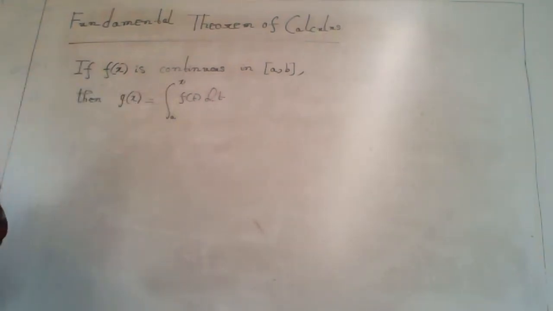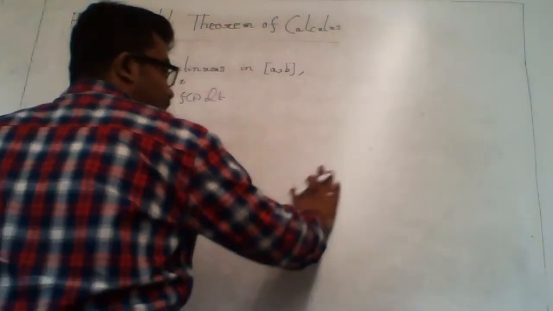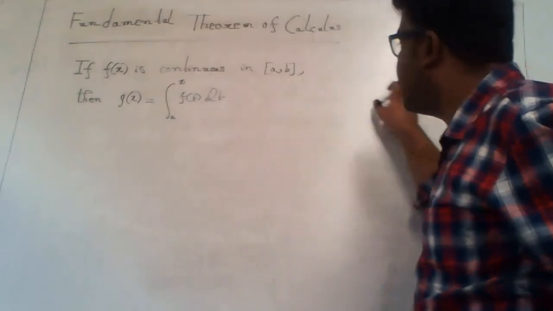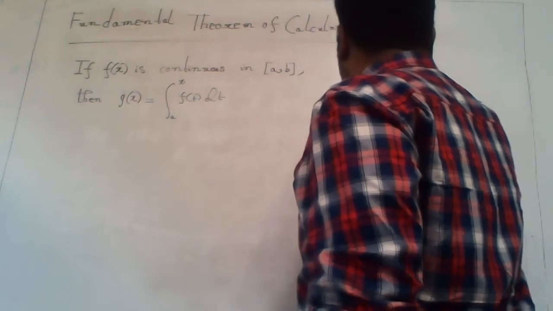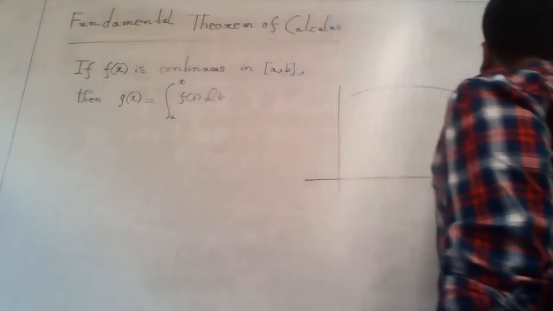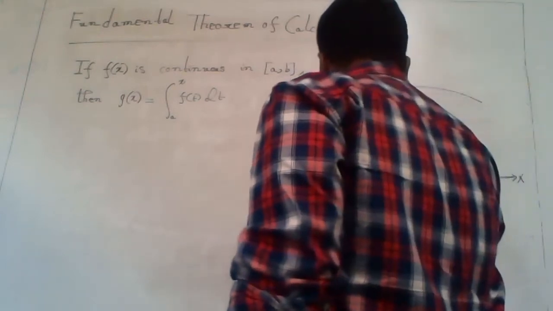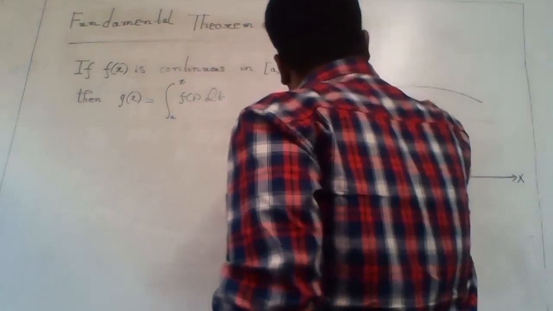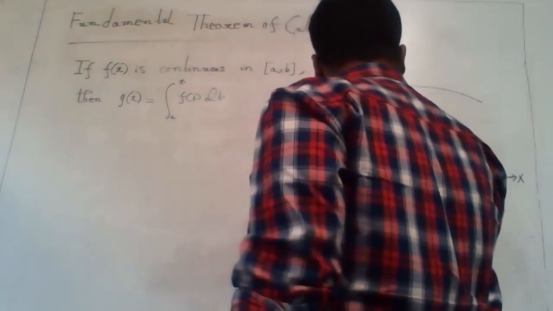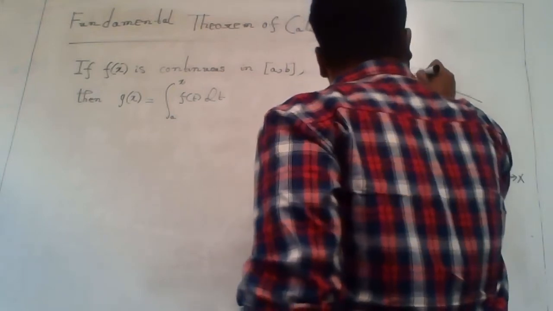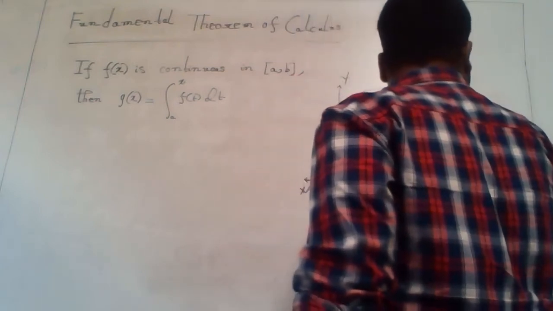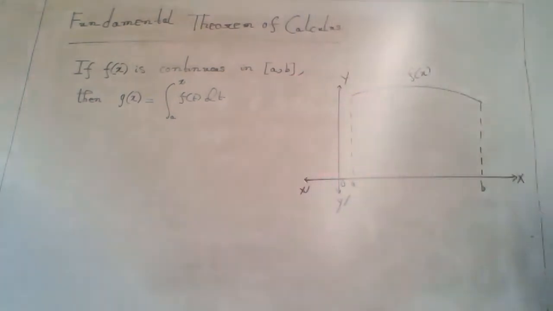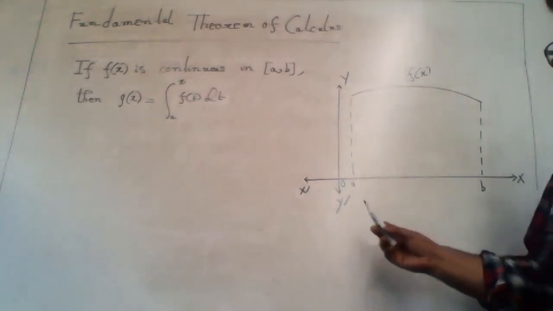So let me try to draw a figure. What do I mean? Suppose the function f(x) is continuous in interval [a, b]. That means the graph of that function has no breaks in it. This is my f(x) and this is my interval [a, b].